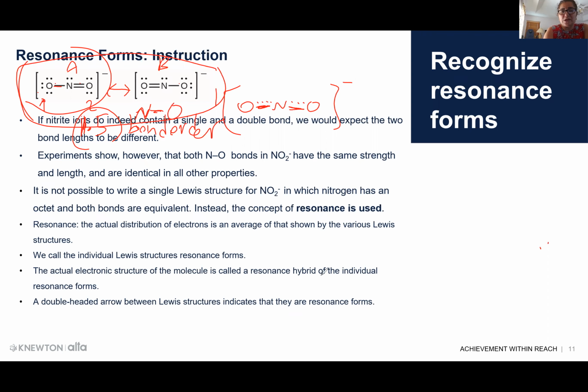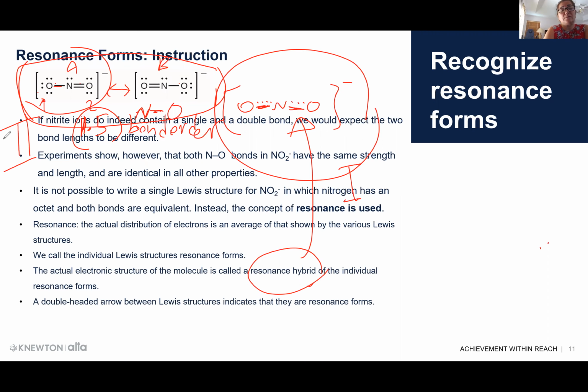So this is the resonance hybrid. You can draw both structures with the double arrow, or you can draw one and show which bonds are being shared.